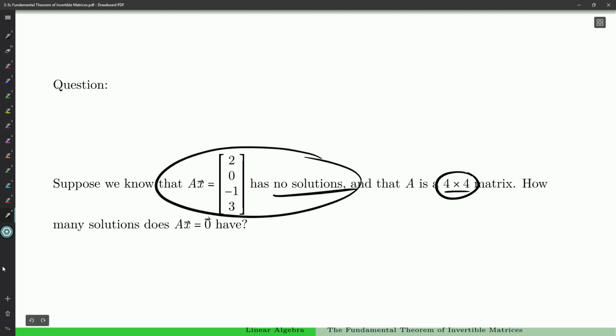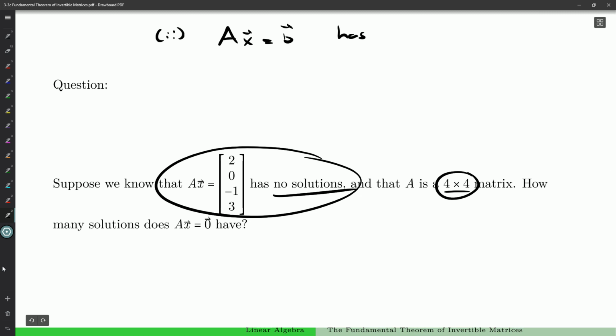This statement, we've got no solutions here. So we have an Ax equals b that has no solutions. Another way to say that, remember statement number 2, although you don't need to have the numbers memorized.